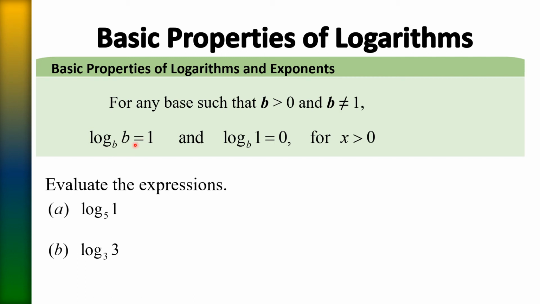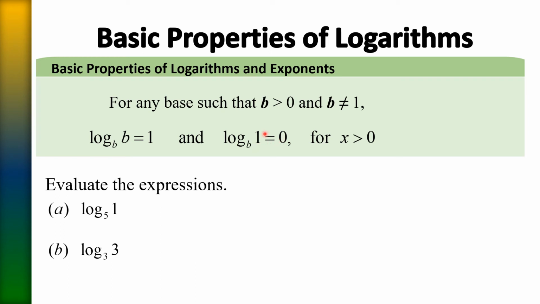So if you have a log where its base is the same as the answer, then it's going to equal 1. The other scenario is if you have log base b of 1 equals 0.